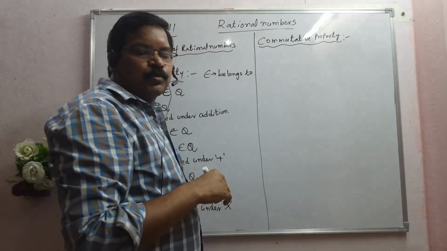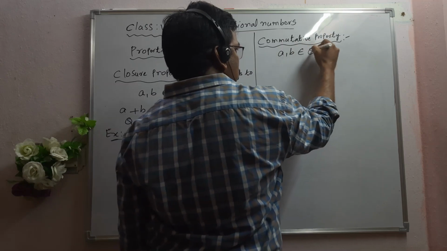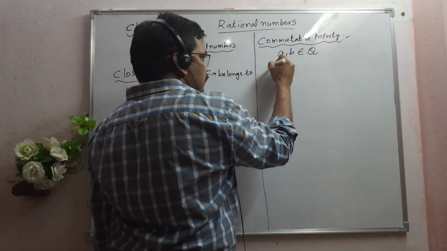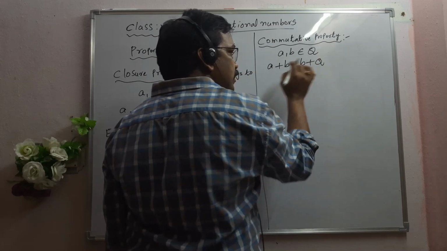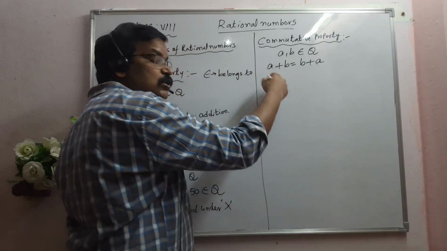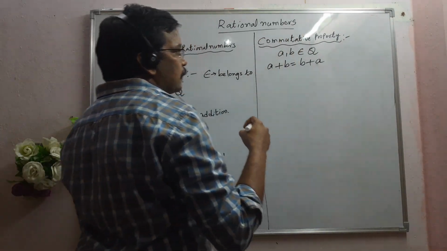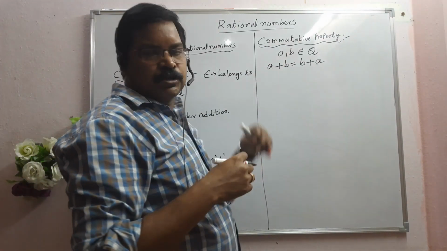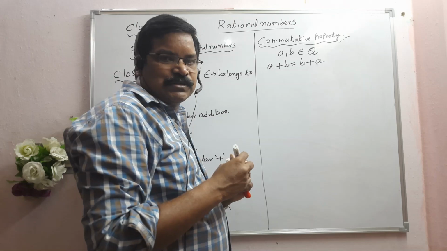Next one is commutative property. Here I will take another two numbers, a, b belongs to Q. If a plus b is equal to b plus a, this is according to addition. A, b are two numbers in rational numbers.